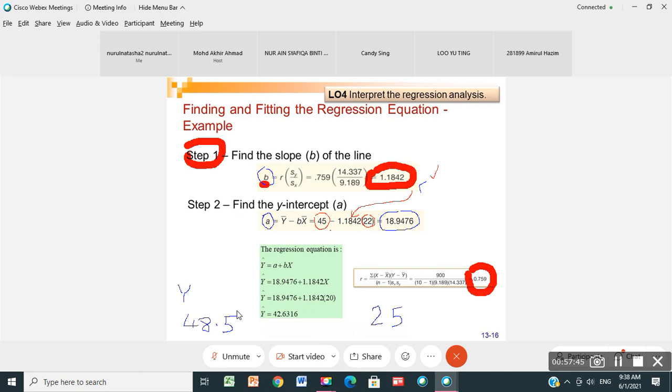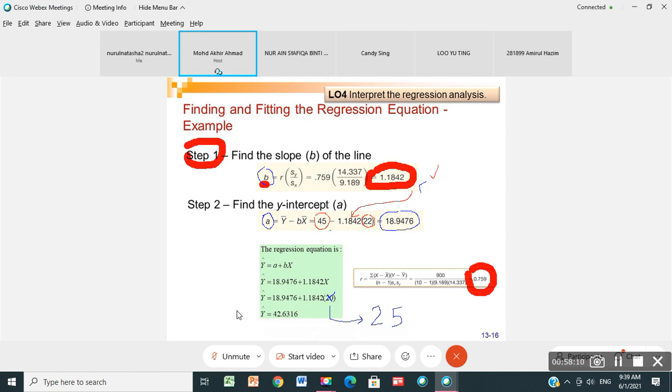Nuran, you ada calculator? Ada sir. Cuba you try this formula, tetapi nilai X kat sini bukan lagi 20. You pakai nilai X kat sini equal to 25. Berapa you dapat?